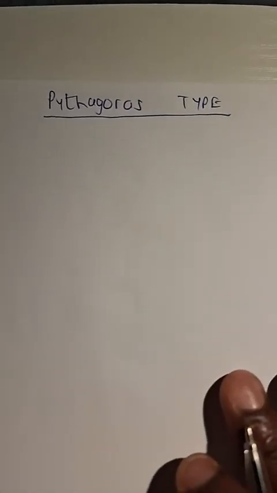I'm going to start with the first type of problem that we tend to get very early in trigonometry, which we refer to as the Pythagoras type. Pythagoras type questions are questions that were done in grade 10. So it's not like when you're in grade 11 you're seeing these things for the first time. So let's look at an example.